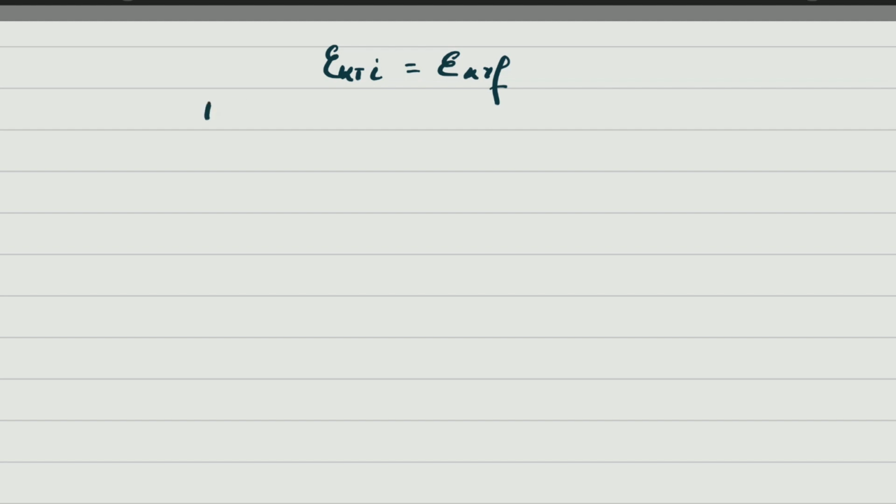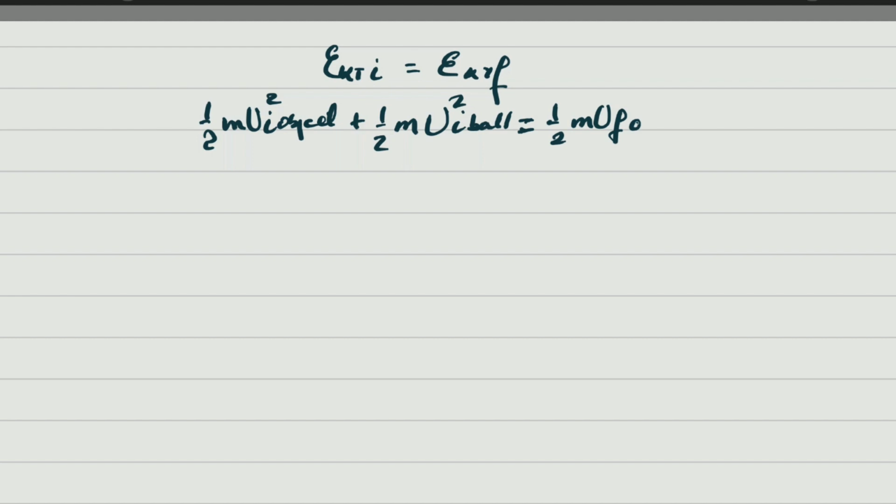We have half mass times initial velocity of the object squared, plus half mass times initial speed of the ball squared, is equal to the same thing but final. This is what we have, and then we are going to substitute the values we have here, guys.